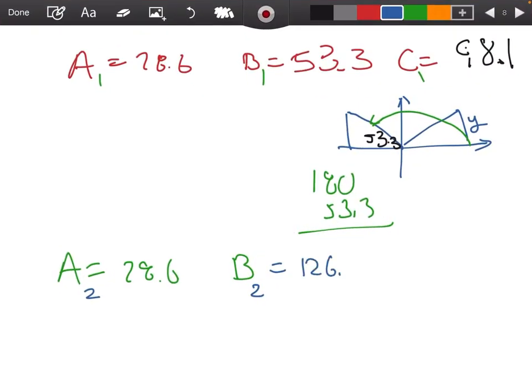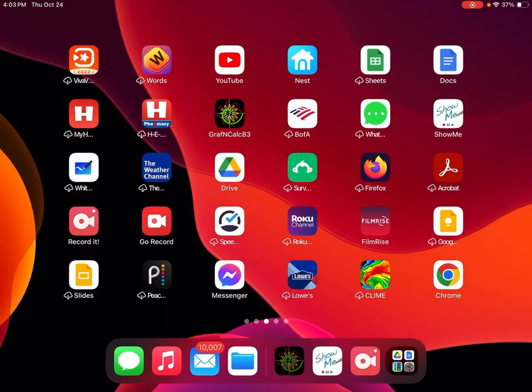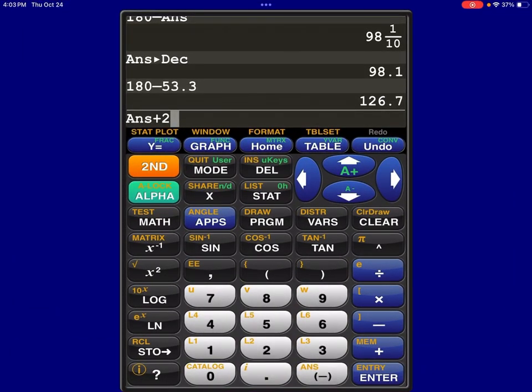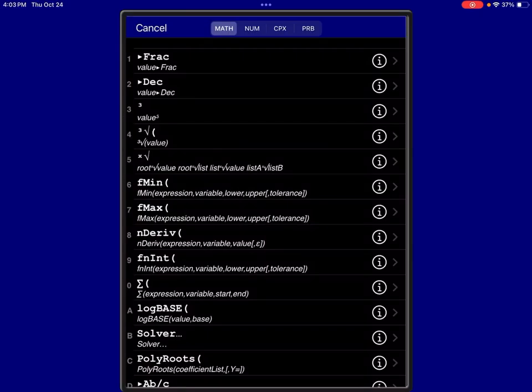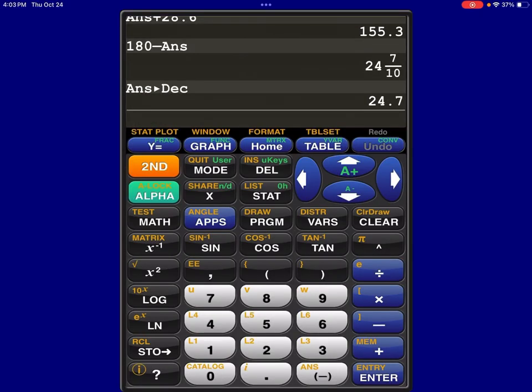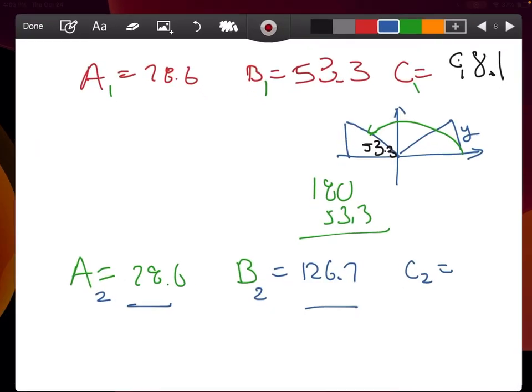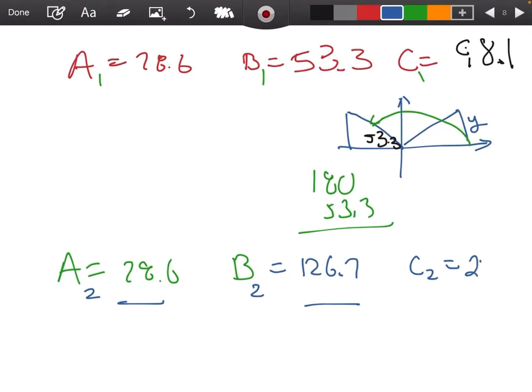So if I wanted to find C2, what I would do is add those guys together, 126.7 plus 28.6, okay? And then I'm going to take 180 and subtract my answer. So let's convert that to a decimal, 24.7. So my angle here, y'all, would be 24.7, okay?